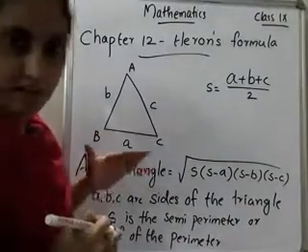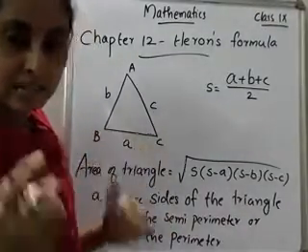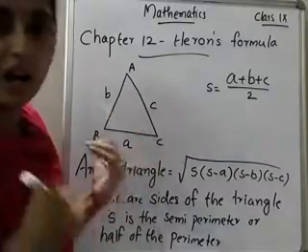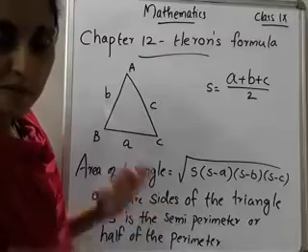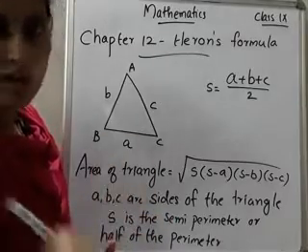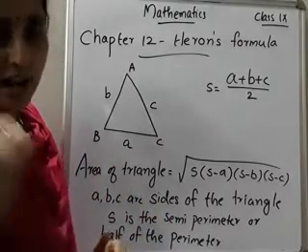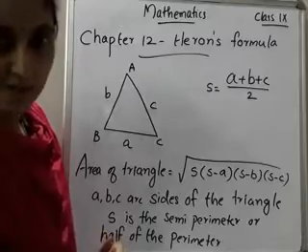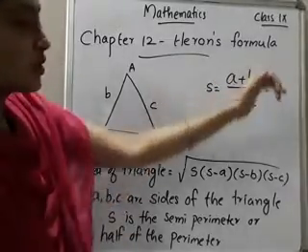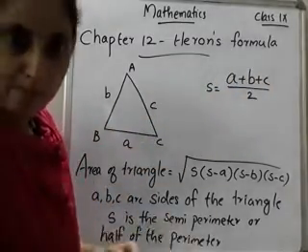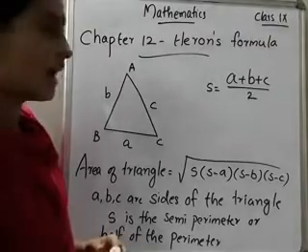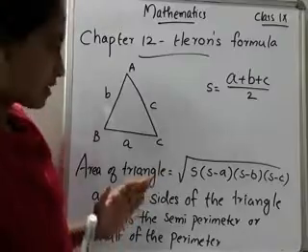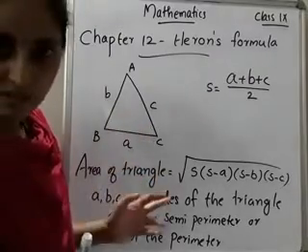So, the area of the triangle, if 3 sides A, B and C are given, is what? Along with me please say, root of S into S minus A into S minus B into S minus C, where S is equal to A plus B plus C by 2, where A, B and C are the sides of the triangle.